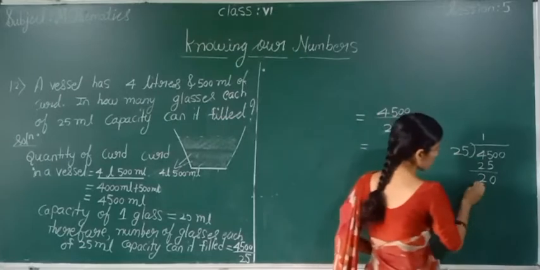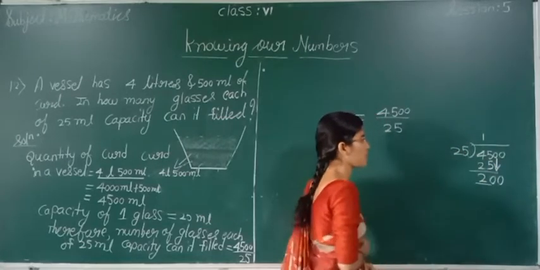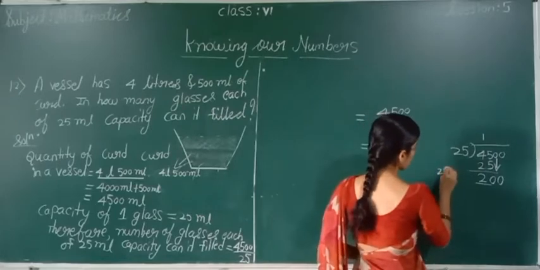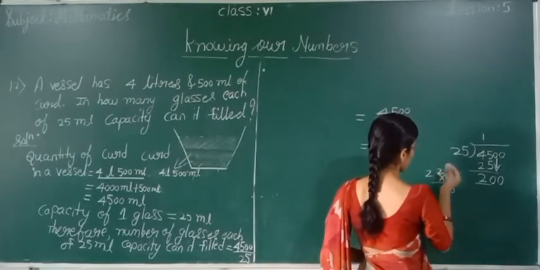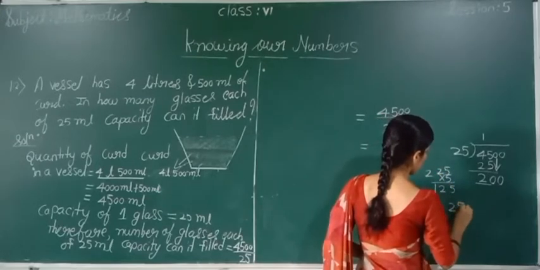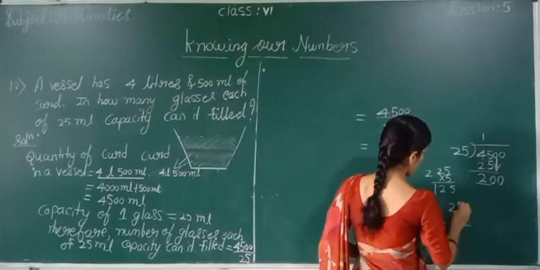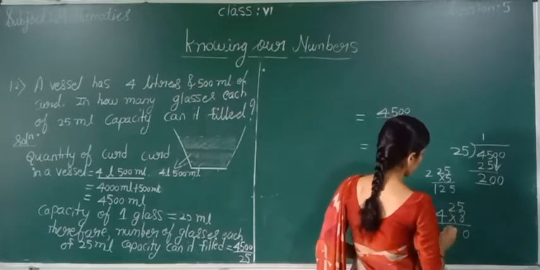Now 20 is so small, right? We will take 0. Now we will see what 25 5s are. 5 5s are 25, 5 2s are 10, 11, 12, 125. We will see 25 8s: 8 5s are 40, 8 2s are 16, 20.